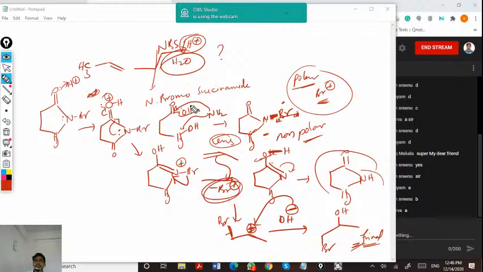This is going to happen from the NGP also. After NGP this is going to give, overall, the product will be OH and Br. So sometimes mechanisms may be asked.